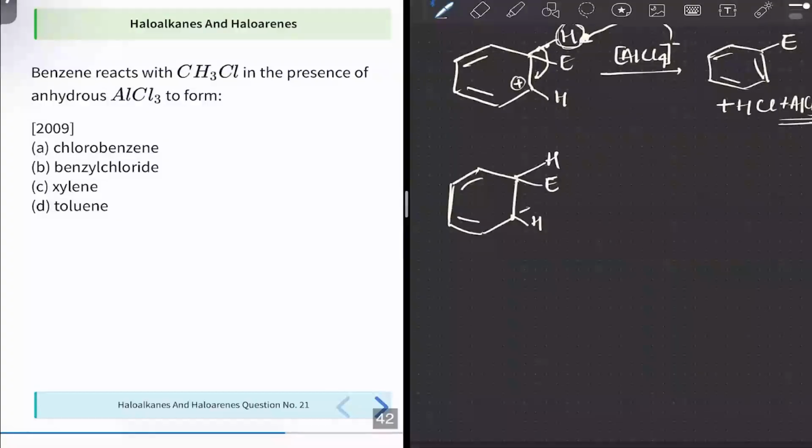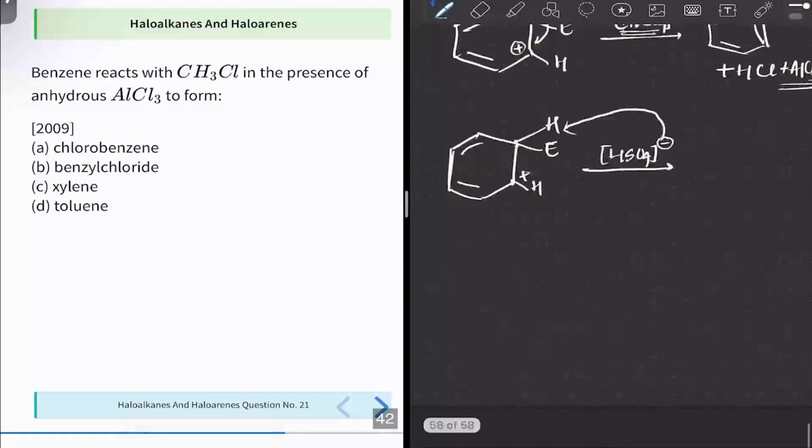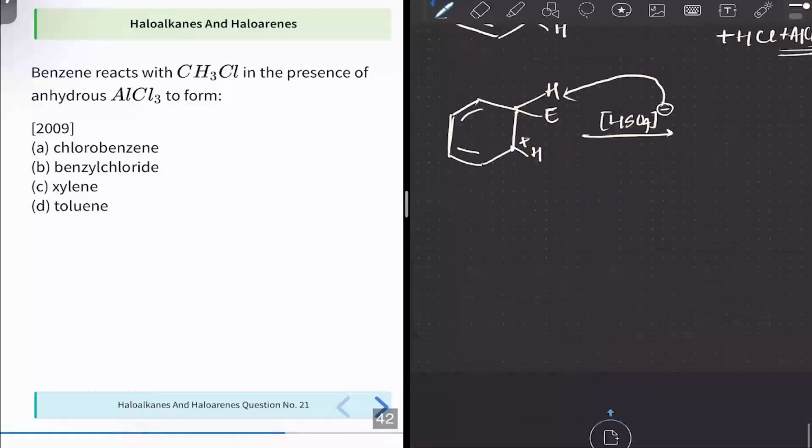But for the sulfonation reaction with H2SO4, the nucleophile that will attack is HSO4 minus. For all the other reactions, AlCl4 minus will attack, but for the sulfonation reaction, HSO4 minus will be attacking. So this is the final product.